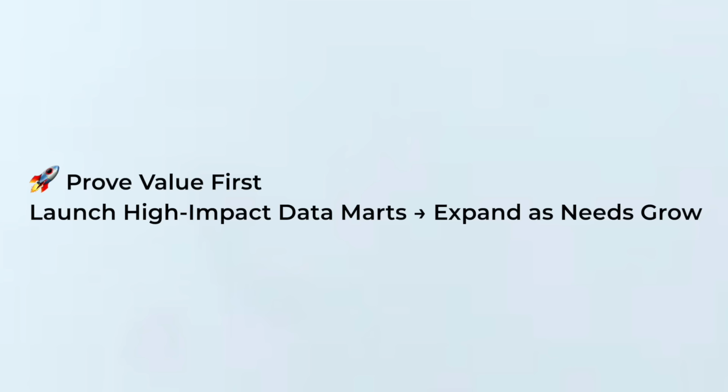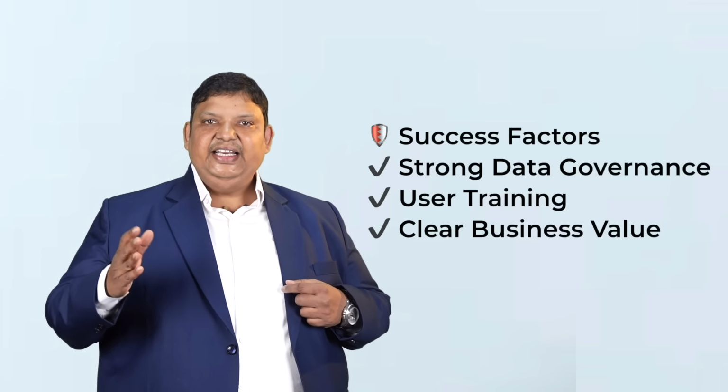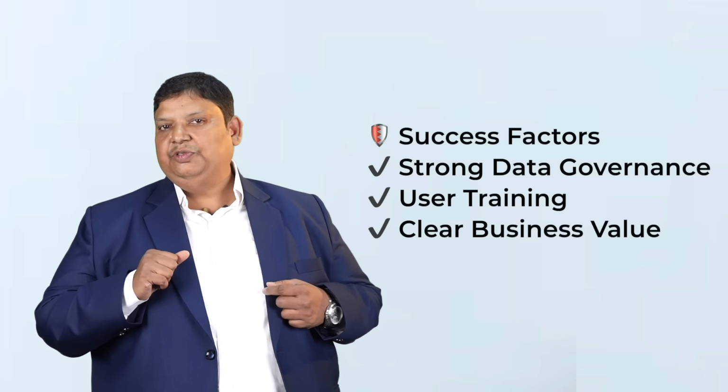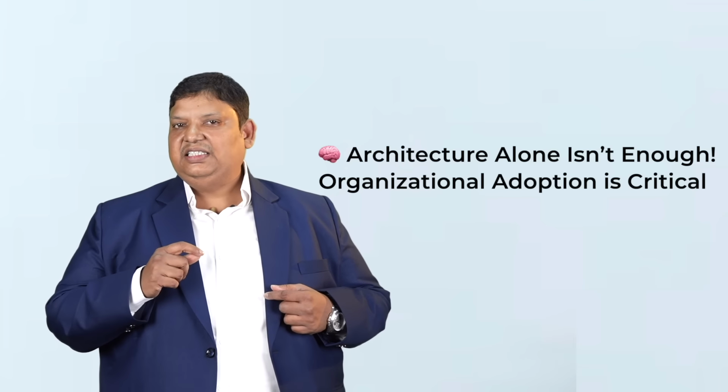Then expand towards an enterprise data warehouse as resources and requirements mature. Regardless of approach, focus on data governance, user training, and clear business value demonstration. The best technical architecture fails without organizational adoption and proper change management.